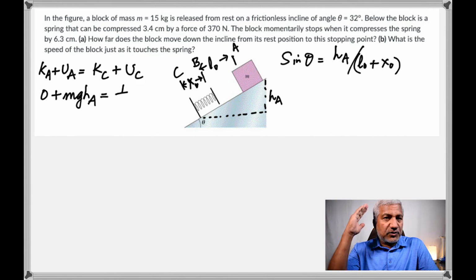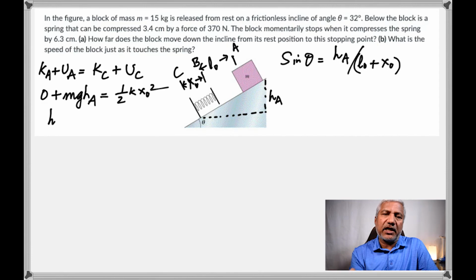At A, it was initially at rest, therefore its kinetic energy is 0, plus mgHA is equal to, when it comes down and hits that spring, you know that the potential energy of a spring is given by the formula 1/2 kx squared.